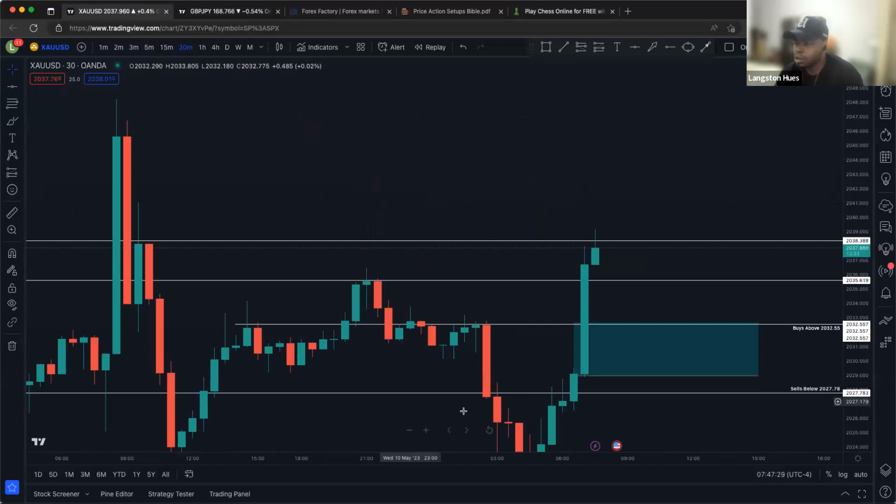Gold looks like it's respecting this resistance right here.